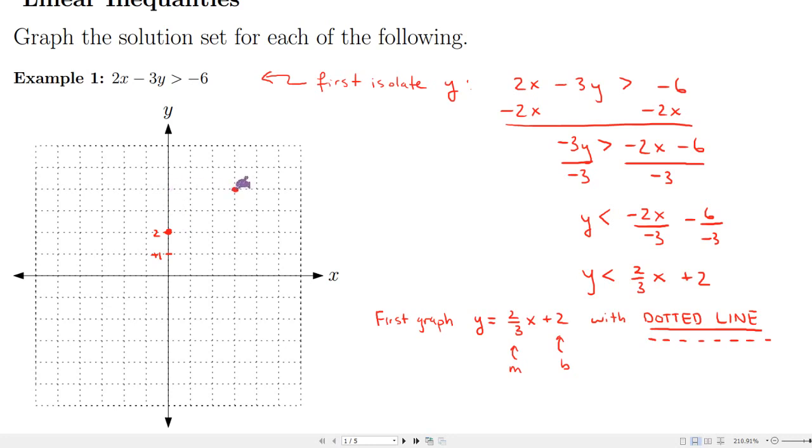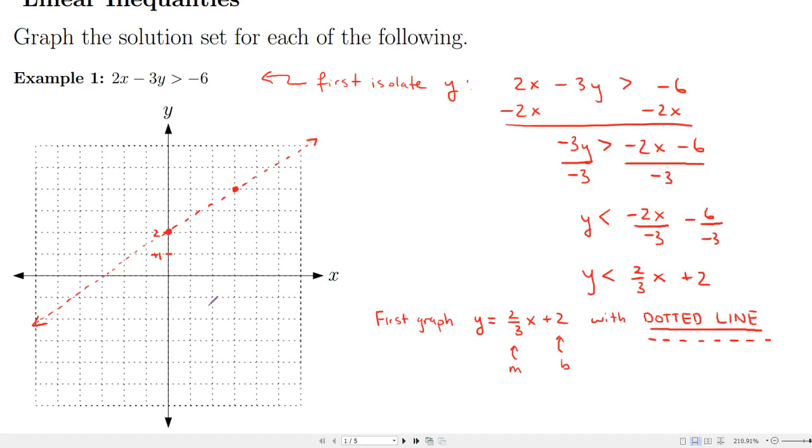So the next point will be right here. And connect, oh sorry, we're supposed to be using dotted lines. So dotting this line and continuing, that would continue forever, and dotting this direction. So we get that line.